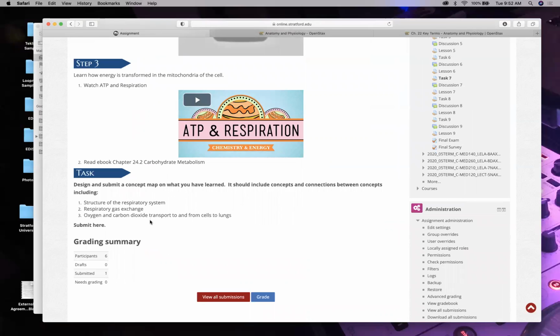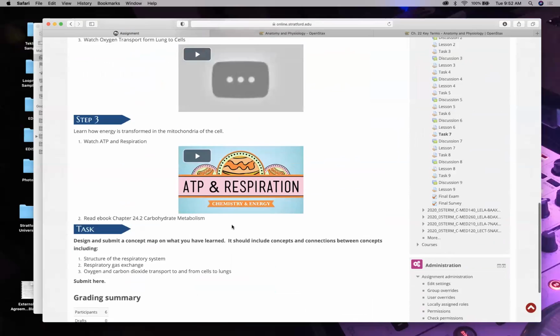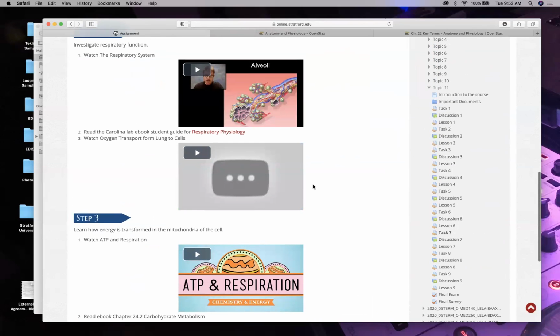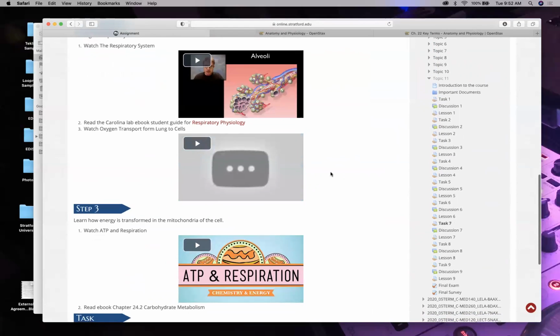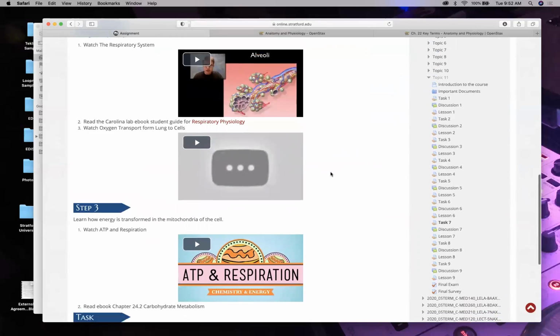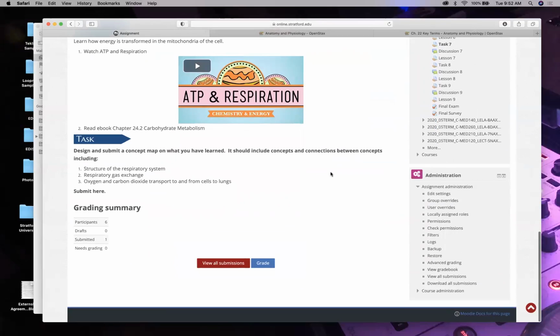Yep, we did. Oxygen and carbon dioxide transport to and from the cells in the lungs? Yes, it's via diffusion. And why do we need the oxygen? It's for ATP, and that's called cellular respiration. And respiratory respiration is between the lungs and the outside world. So it looks like we got everything.